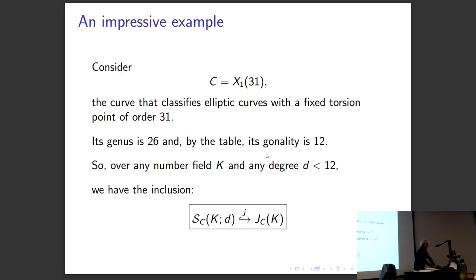Its gonality is 12. So for any number field K and any degree less than 12, you have this inclusion.